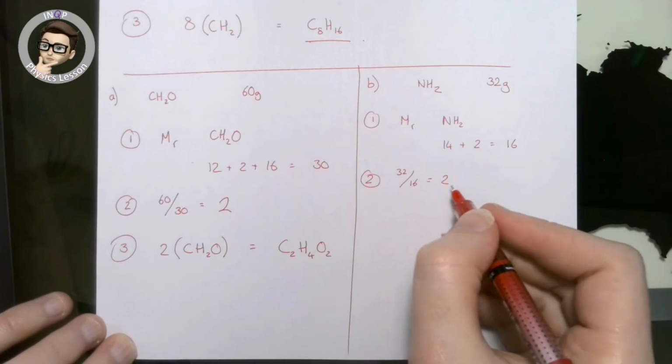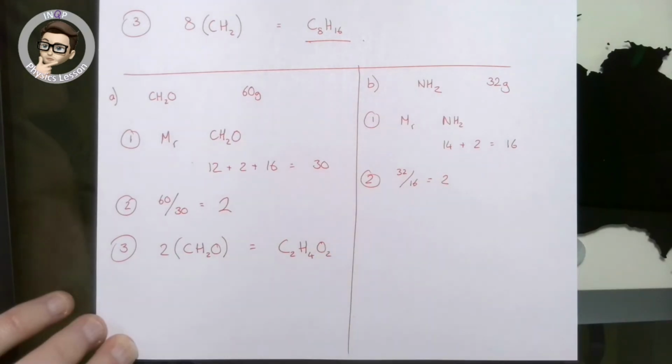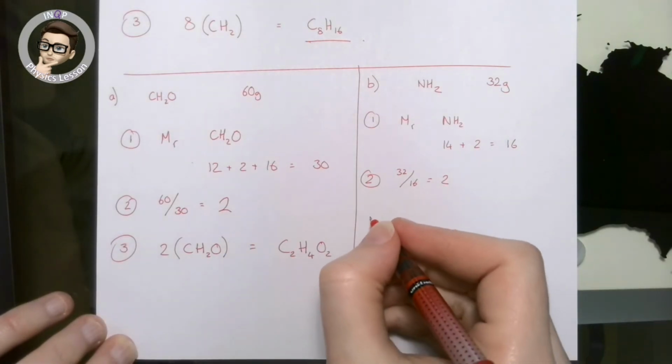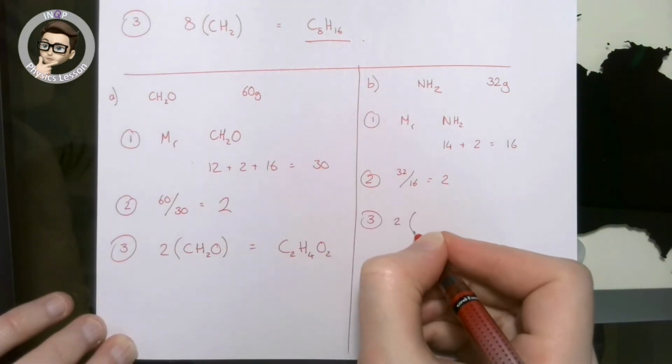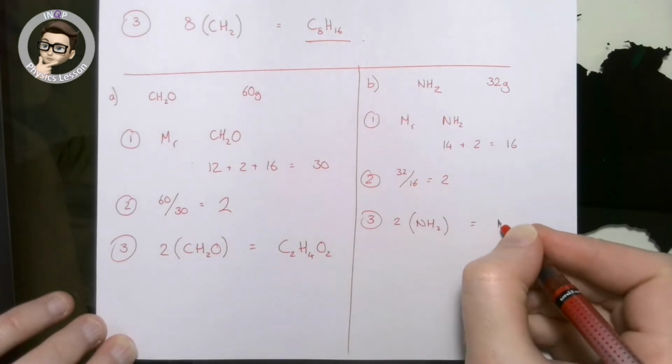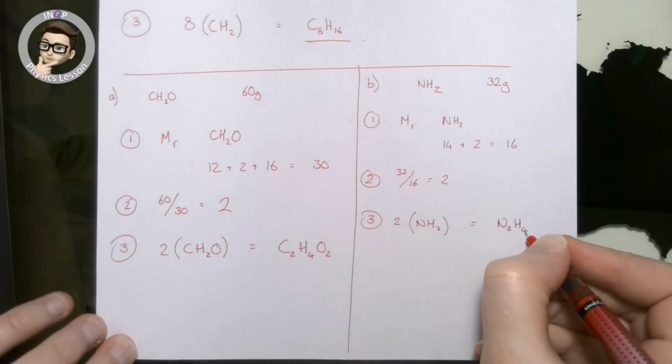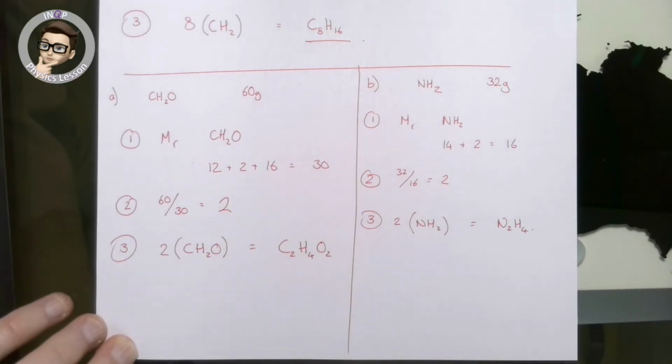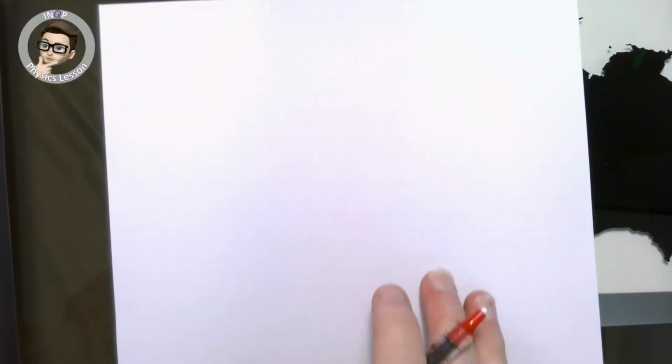It's always going to be a whole number, this one, so you never get a decimal here. And then step 3 is going to be 2 lots of NH2, which is going to give us N2H4. Hopefully these are relatively straightforward for you. On the page, do one more. So part C.